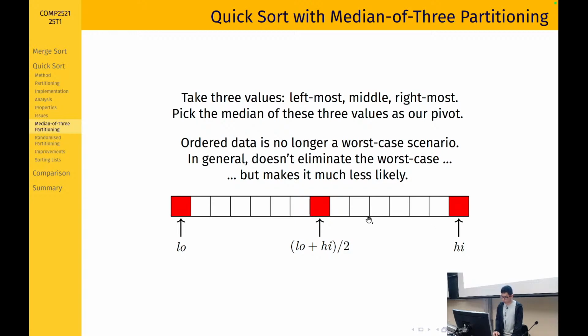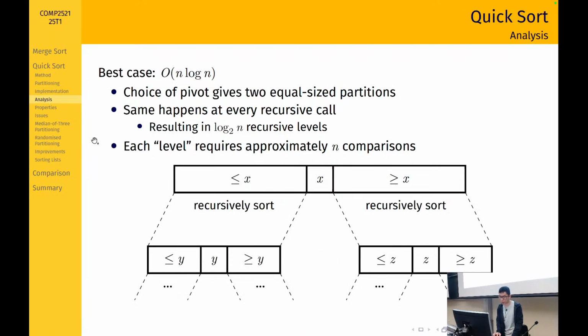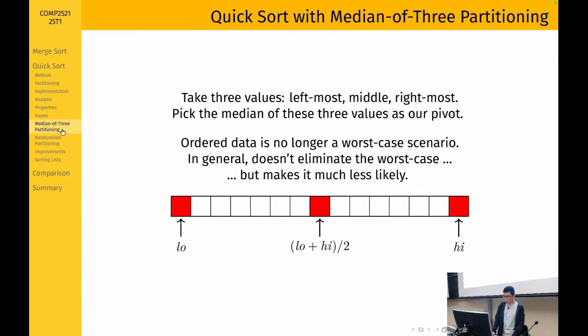That's very nice for a sorted array, because the median element is going to be the middle value, so we'll end up choosing that element as our pivot, and we'll end up with very equally sized partitions, as in this diagram.